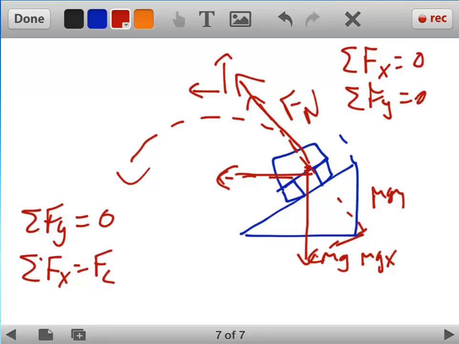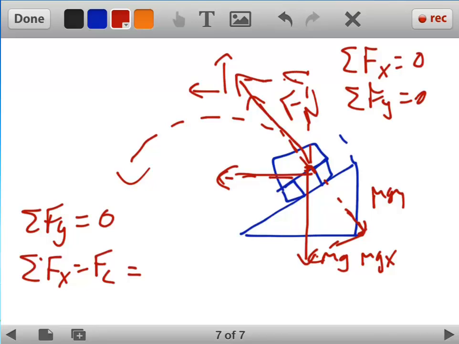So the net force in x is Fc, at a certain speed. You don't need friction to do this. The normal force is big enough. The normal force provides some of that centripetal force, so we start summing our forces in the x direction. The normal force has to supply enough force that its x and y components balance.